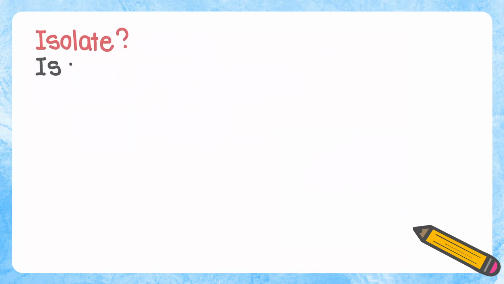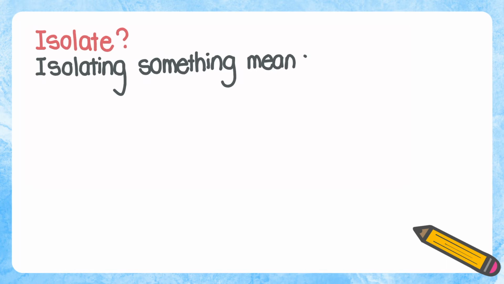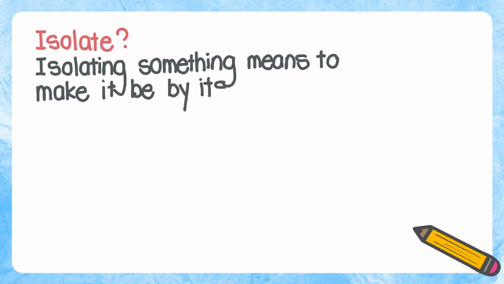And then lastly, to isolate something just means to put it by itself. So when we're solving for x, we want to eventually isolate the x. We want the x by itself. And in order to do that, we're going to use things like inverse operations on both sides of the equation.